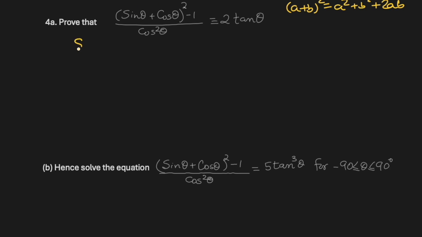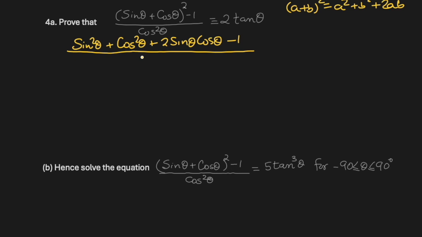So it will become sine square theta, which is a square, plus b square plus 2ab. After that we have minus 1, divided by cos square theta. This is our left hand side.